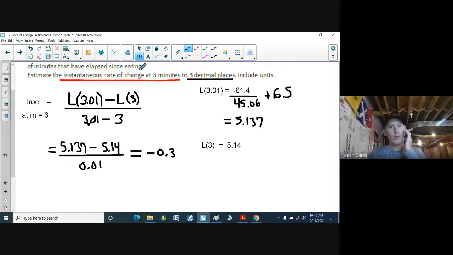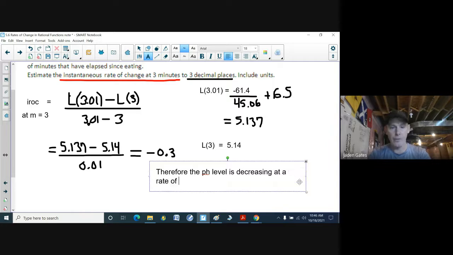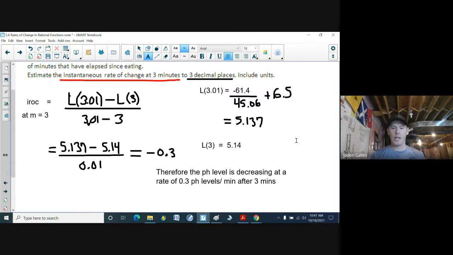But again, this is a word problem. Need to actually explain what this means. And well, therefore, what are we talking about? The pH level. The pH level is, now that's a negative number, so it is decreasing at a rate of 0.3 pH levels per minute, because that's what our time's in, after 3 minutes, which is the X value we checked it at.